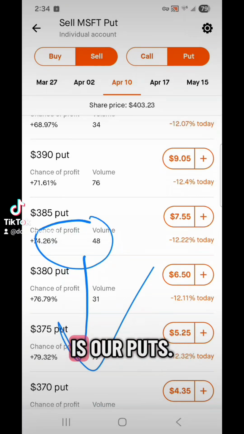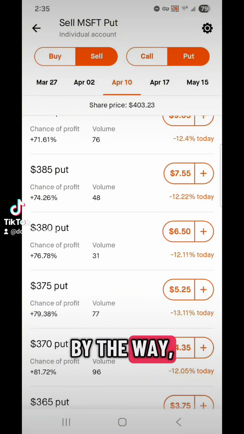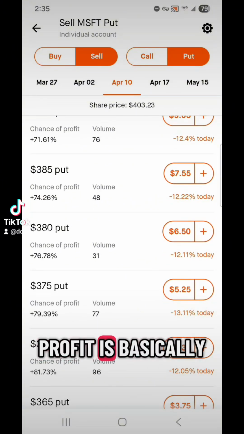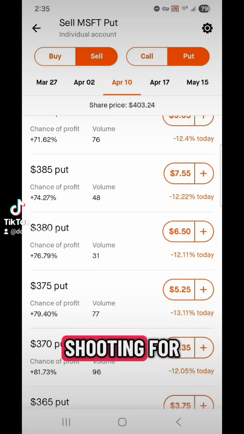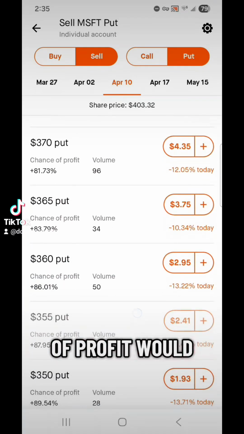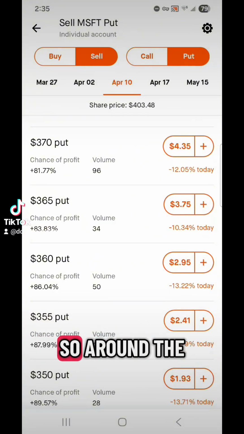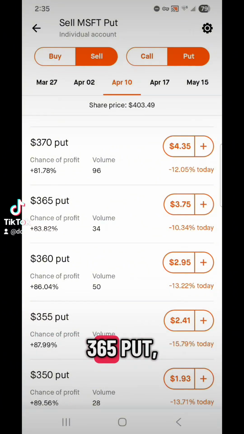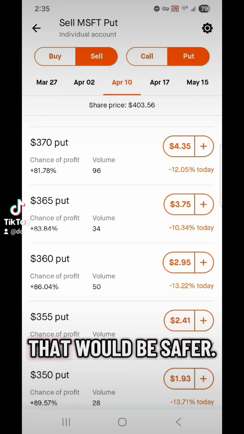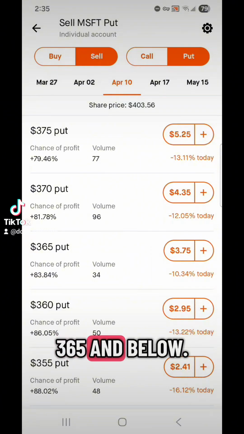Okay, so this is our puts, and in fact, by the way, 75% chance of profit is basically the bare minimum you should be shooting for. A better chance of profit would be around 85% chance or better. So around the 365 put, that would be safer. And let's just see if that put credit spread makes sense at 365 and below.